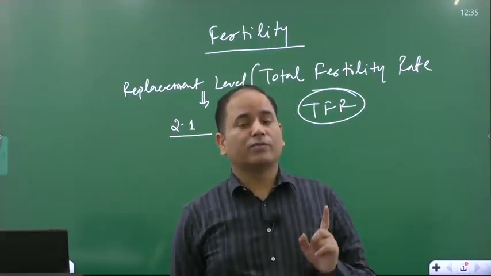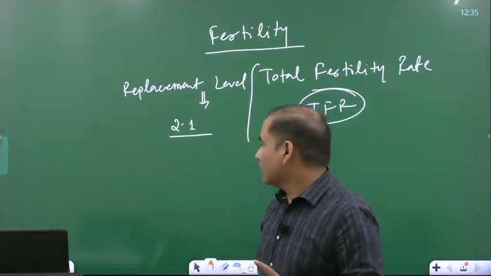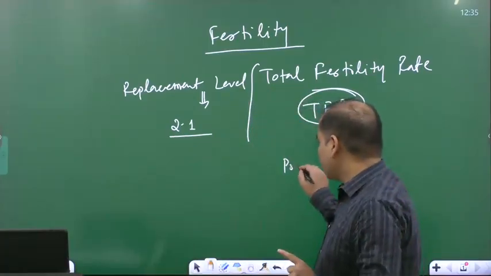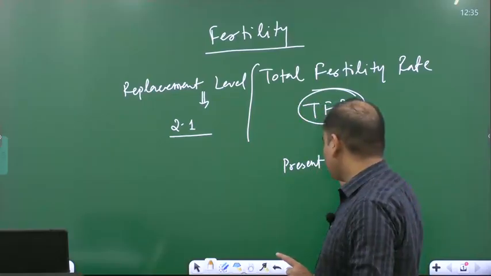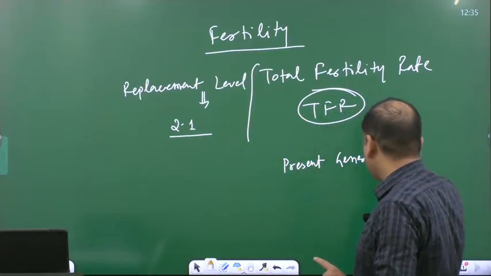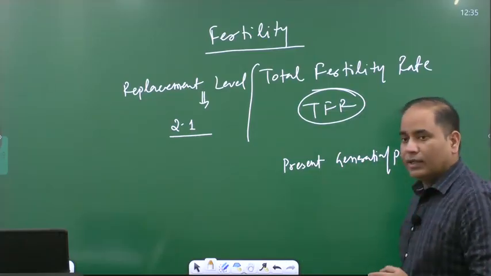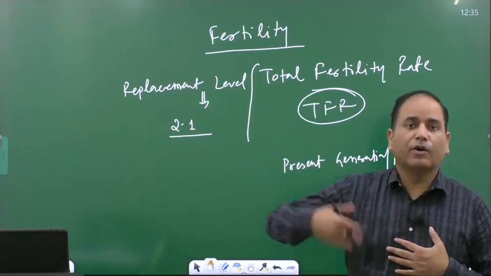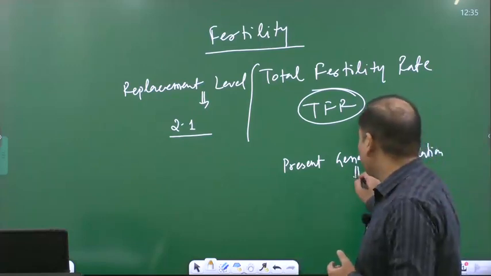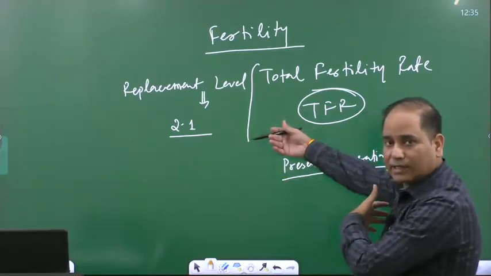TFR below 2.1 is referred to as below replacement level. कहने का मतलब यह है कि अभी जो हमारी प्रेजेंट जनरेशन है, प्रेजेंट पॉपुलेशन, if we want that the present population should be replaced, an equal number of the present population should be replaced by the next generation.